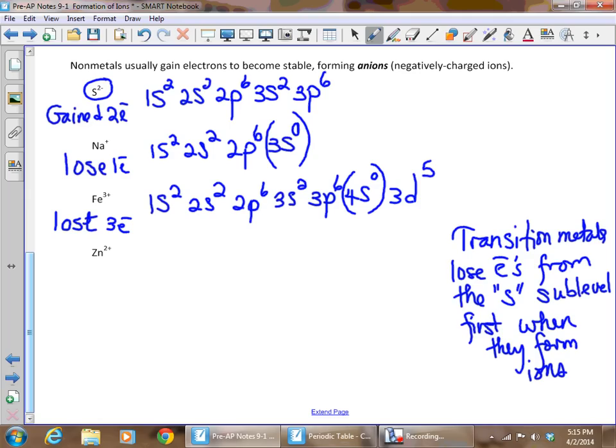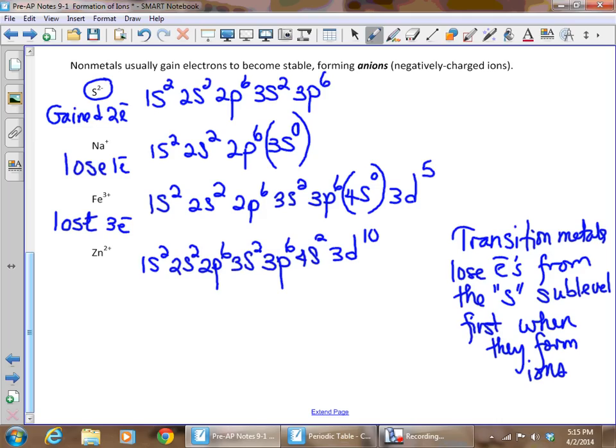Tin will do the same thing. Zinc will do the same thing. 1s2, 2s2, 2p6, 3s2, 3p6, 4s2, 3d10 is a normal electron configuration for neutral zinc metal.